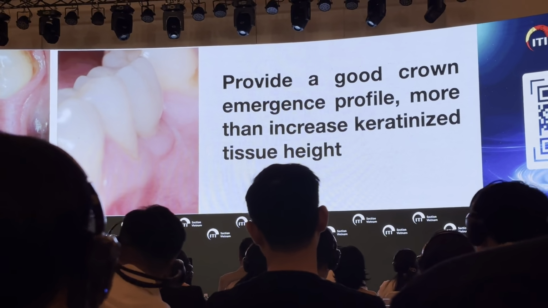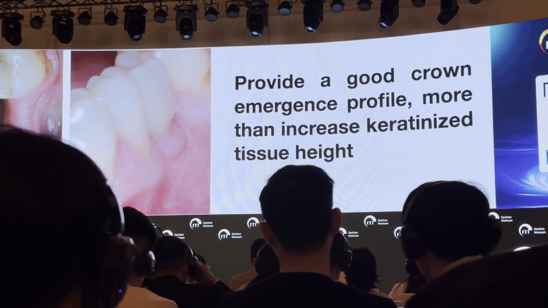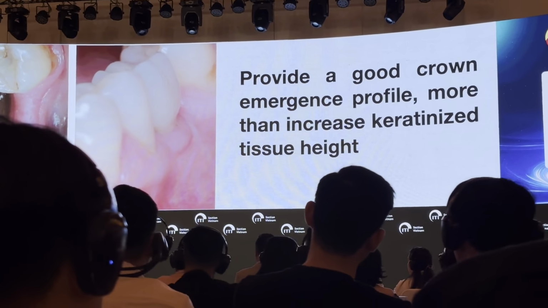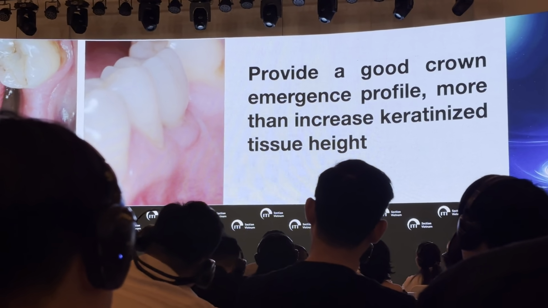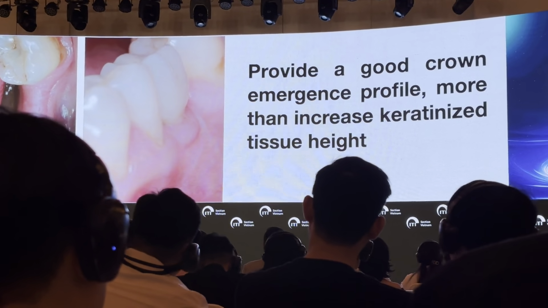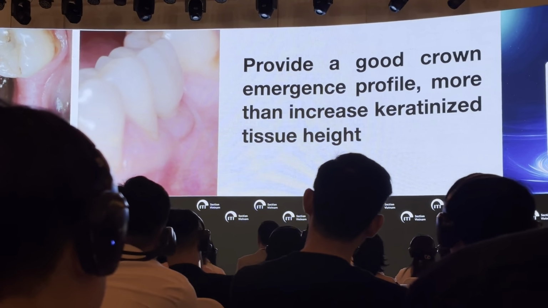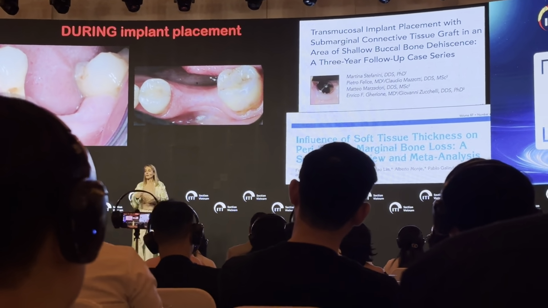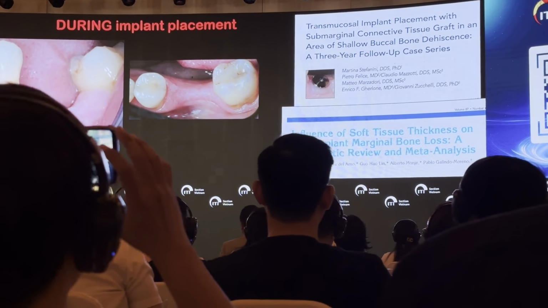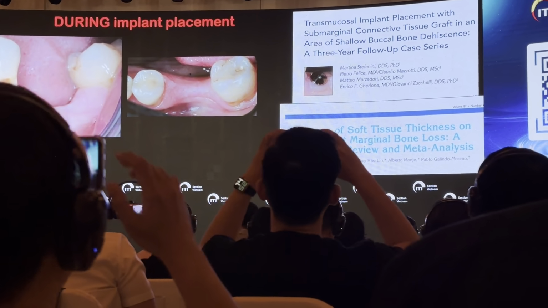So we have enough keratinized tissue, so we don't need to increase the keratinized tissue. If we coronally advance the flap, we trust in the stability of the flap because of the keratinized tissue. So in these cases, we can perform the soft tissue management during the implant placement.